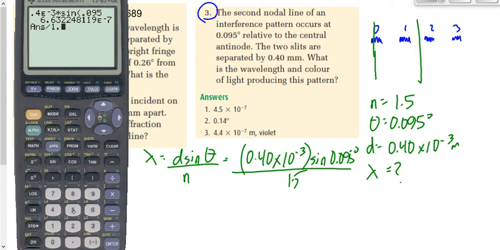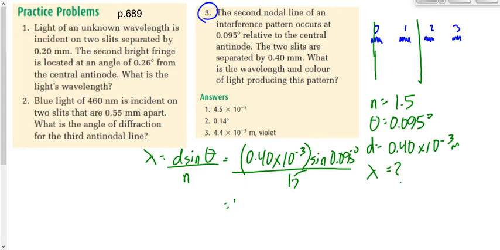Let's divide that by 1.5. We get 4.42 times 10 to the minus 7, or 4.4 times 10 to the minus 7 meters. We should be able to recognize that's visible light by converting it to frequency and comparing it against our known frequencies, but don't worry about what color it is.